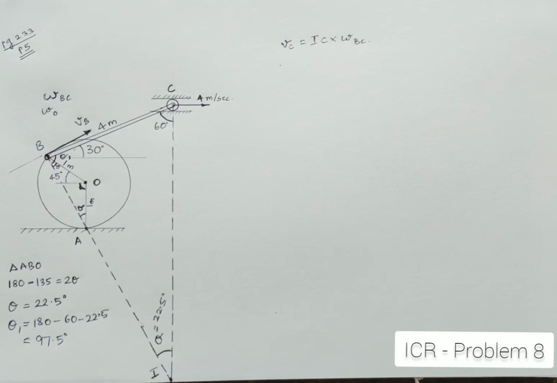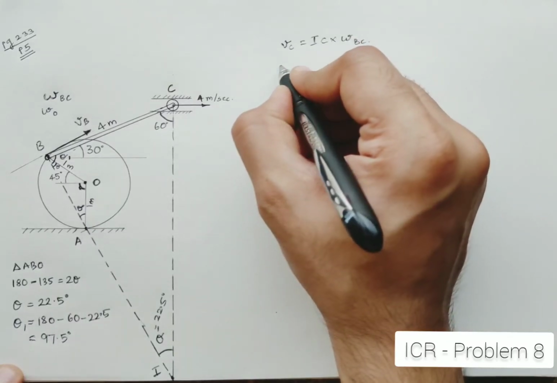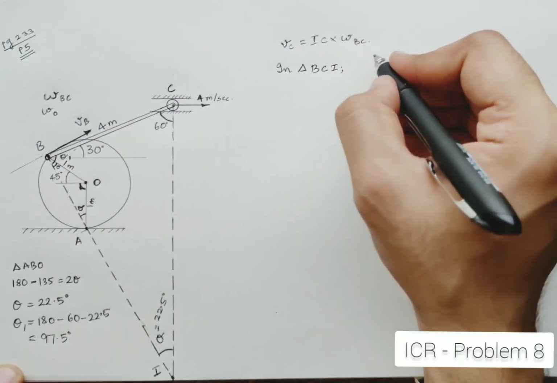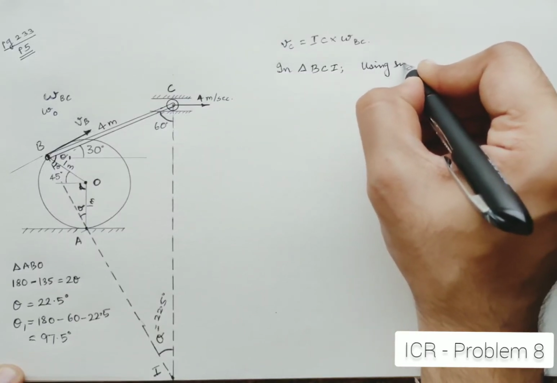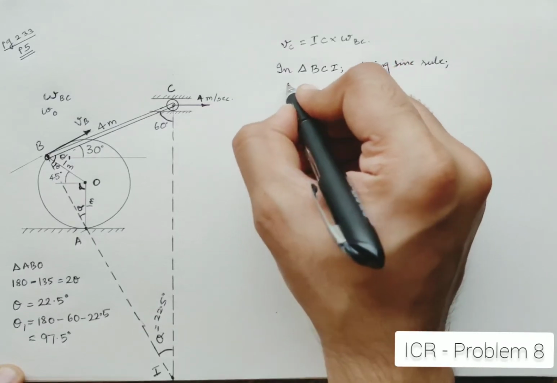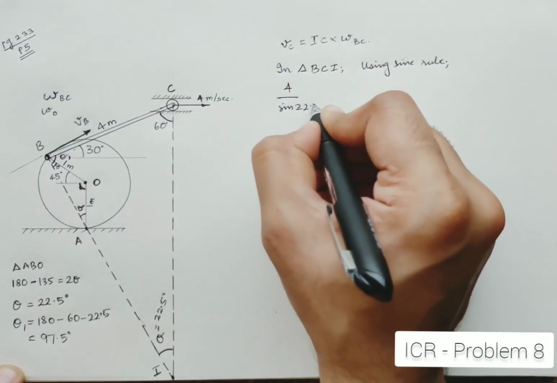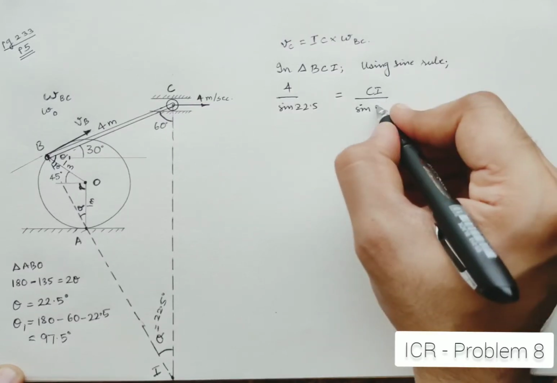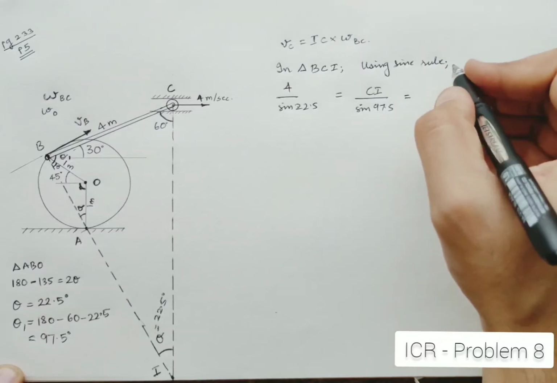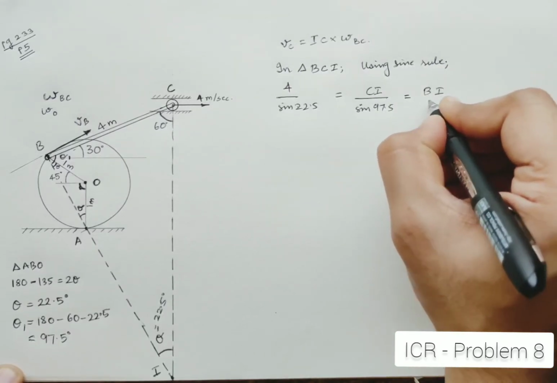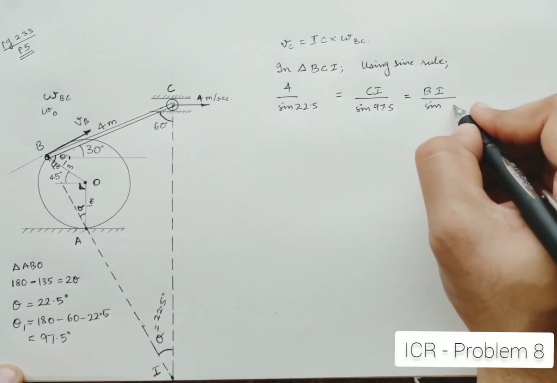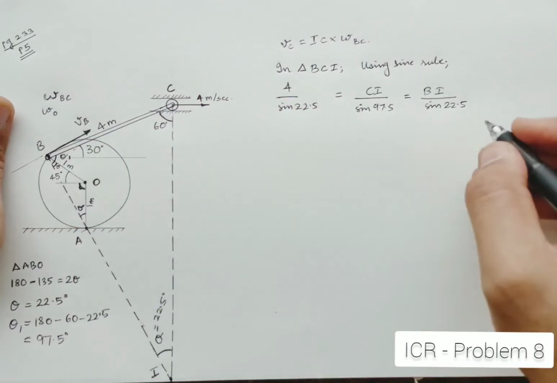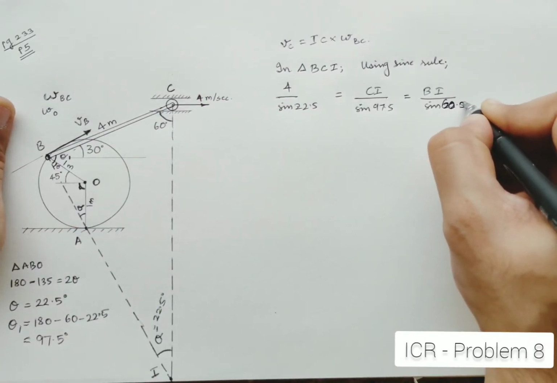Now from here we will be able to find out this length. So in triangle BCI, using sine rule, 4 upon sine of 22.5 will be equal to Ci upon sine of 97.5 will be equal to Bi upon sine of 60.